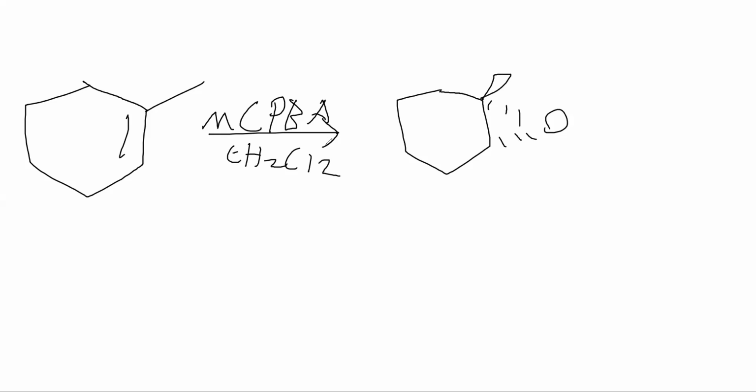You should just know that MCPBA leads to an epoxide. Again, no regioselectivity, but you could say the stereo is syn if you want to, because it's just a ring. And then to get a diol from this, you would just add acid, I believe. I'm not seeing it on this paper, but I'm pretty sure that's all it is, just adding acid.